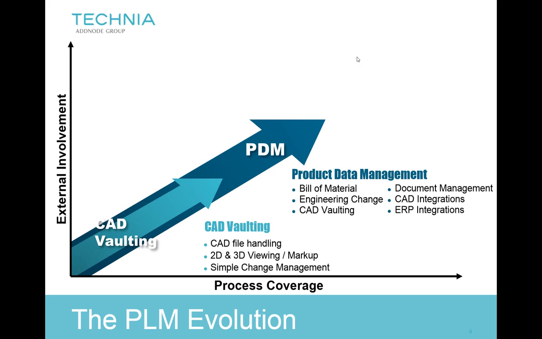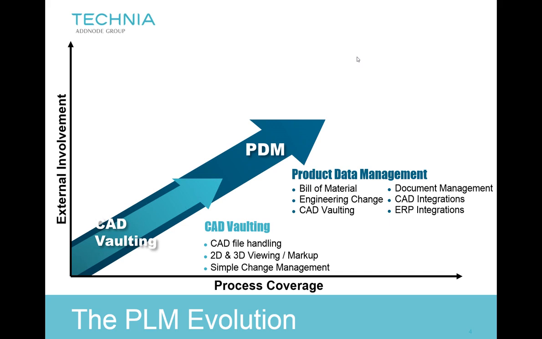Bill of materials management and items management is one definite key domain, and also to have a structured way of introducing changes into this item management domain. So if I find out that this item tends to break too often, I introduce a new item with different material properties perhaps.